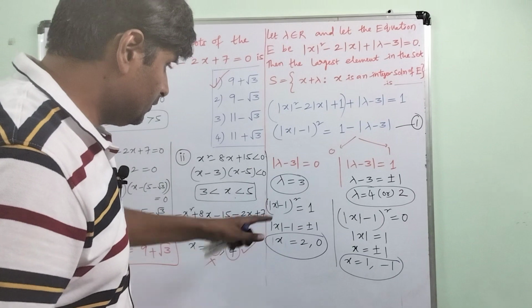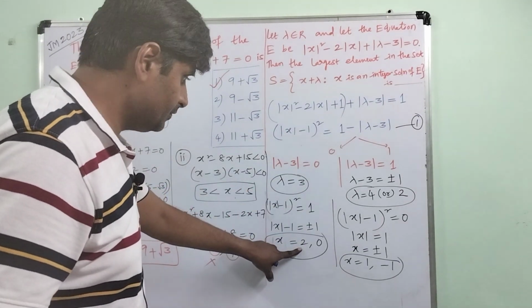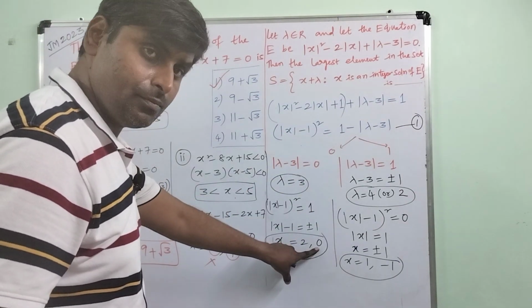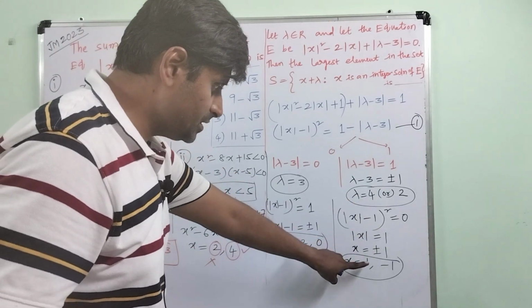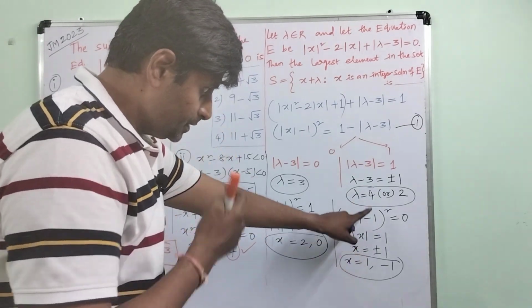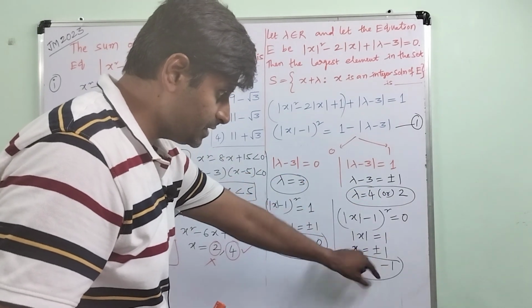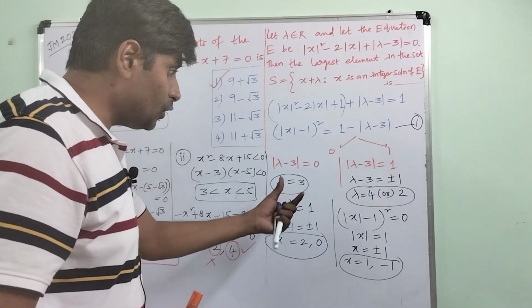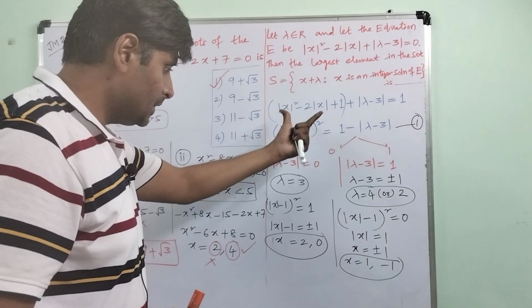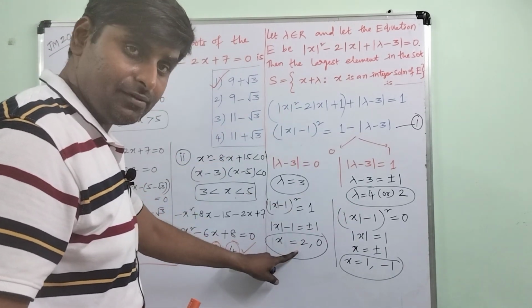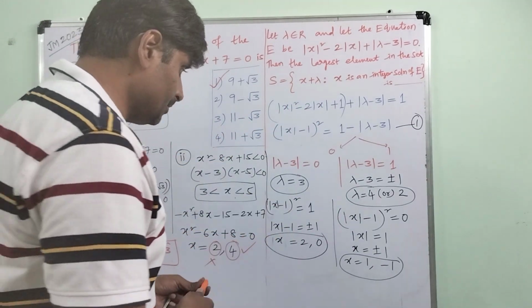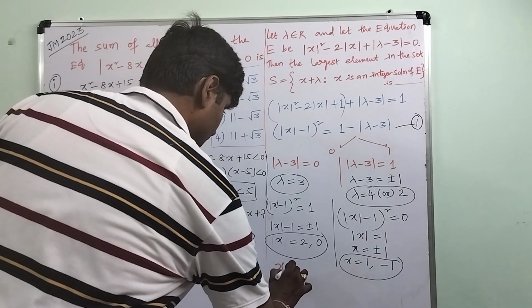Observe: 3 plus 2 is 5, 3 plus 0 is 3, 4 plus 1 is 5, 4 minus 1 is 3, 2 plus 1 is 3, 2 minus 1 is 1. In all these, what is the greater sum? That is 3 plus 2, 5. 5 is the greater sum of x plus lambda.